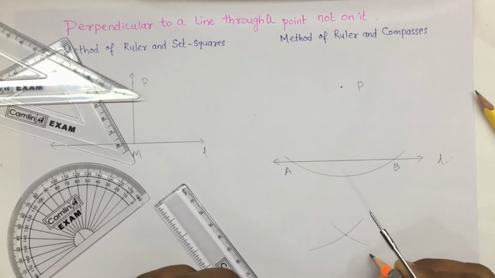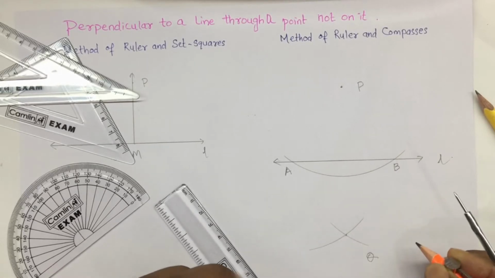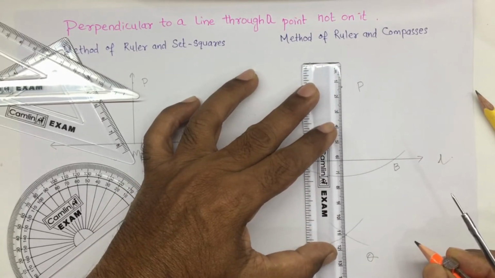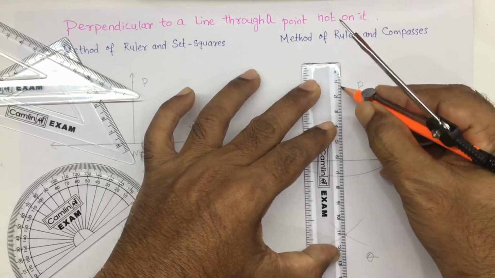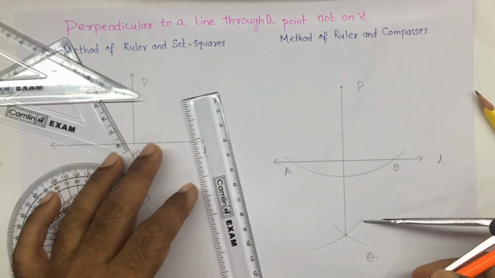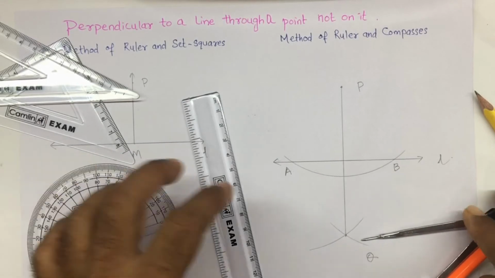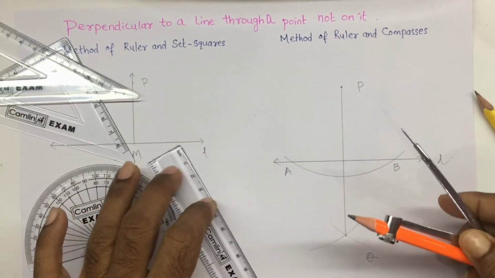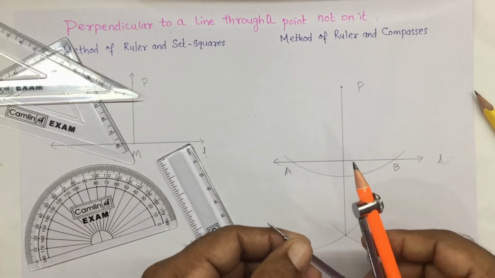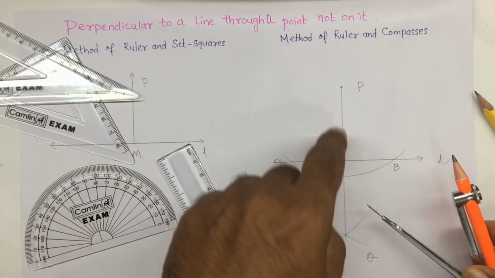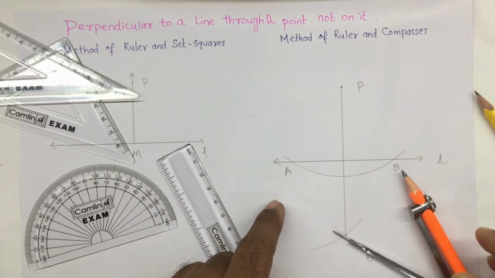Let us assume this is Q, and we just join P and Q, and PQ will be the perpendicular to the line L. So, here using the ruler and compasses, we have constructed a perpendicular line through a point which is not on the line.